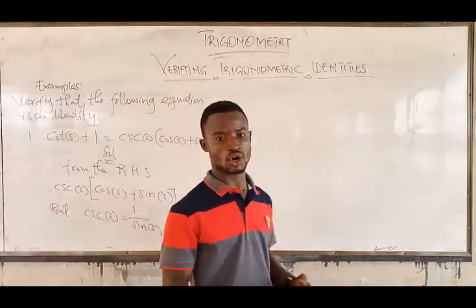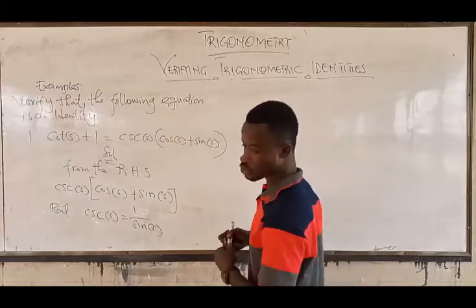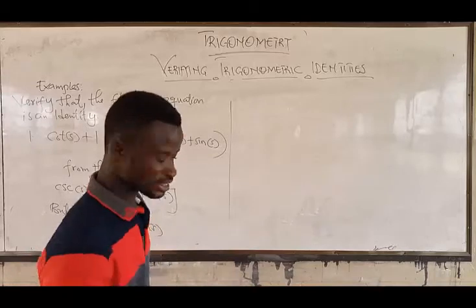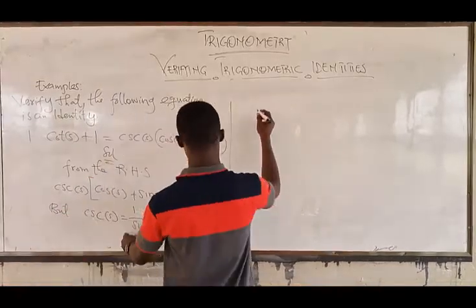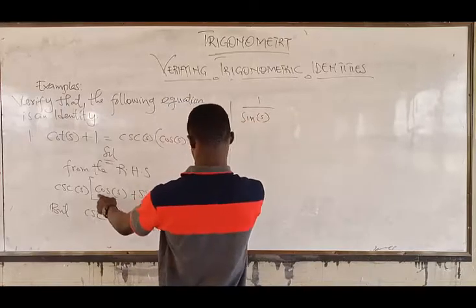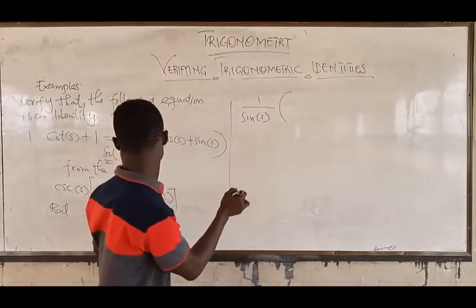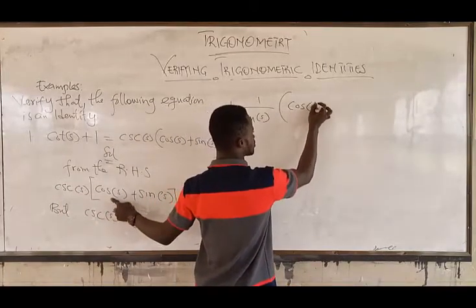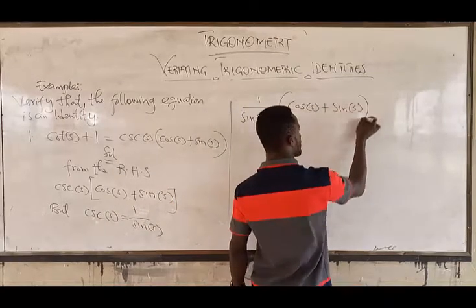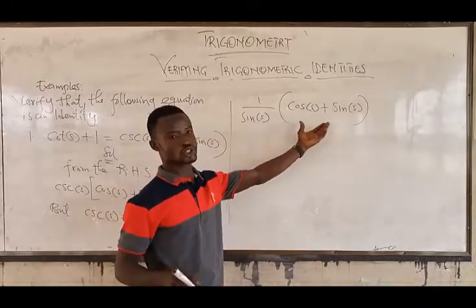So by substitution, we are going to get 1 over sine x multiplying the inside, which is cos x plus sine x. And now we can go and multiply this throughout.